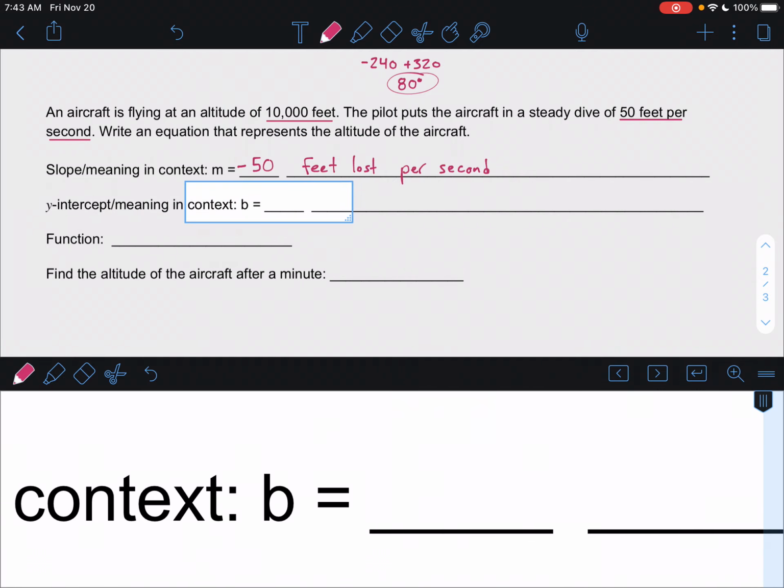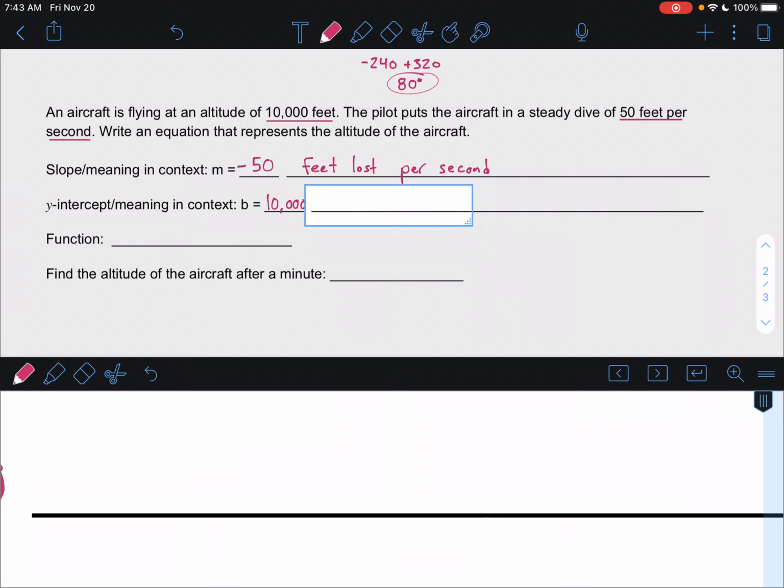But our y-intercept is going to be our initial altitude, which is 10,000. So that would be, I guess, the cruising altitude is what they call it, I believe.